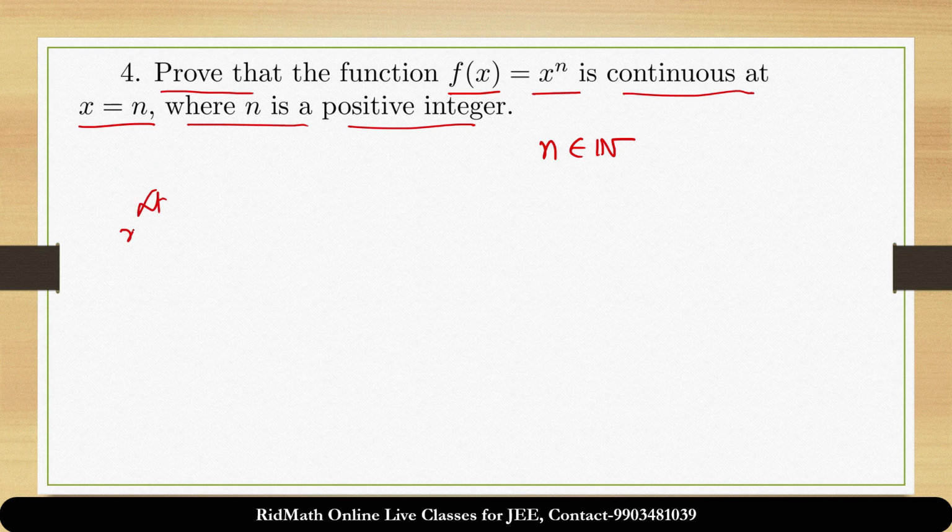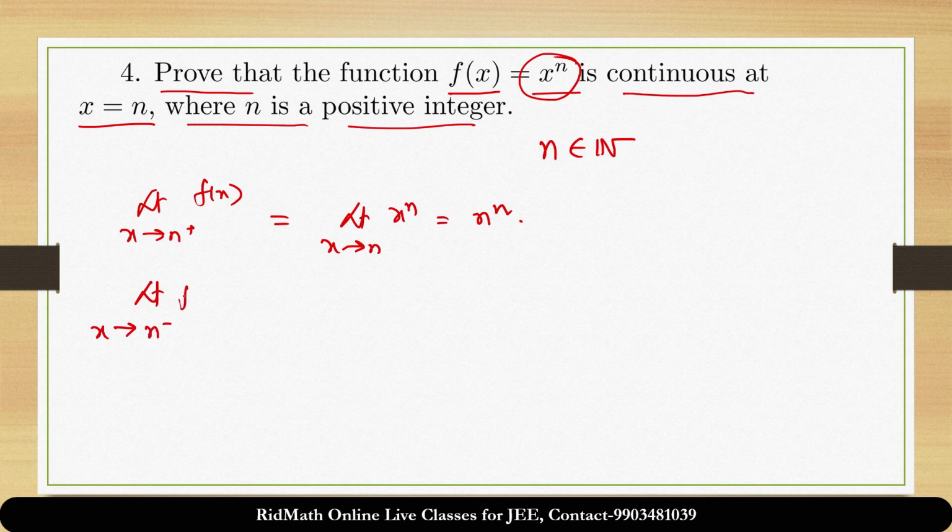So limit as x tends to n plus of f(x), and we have only one definition. For x greater than n or for x less than n, we have only one definition. So limit as x tends to n of x to the power n, that is n to the power n. And this is also equal to limit as x tends to n minus of f(x), equal to limit as x tends to n of x to the power n, that means n to the power n, and also f(n) equal to n to the power n.